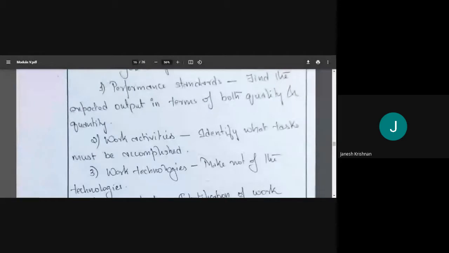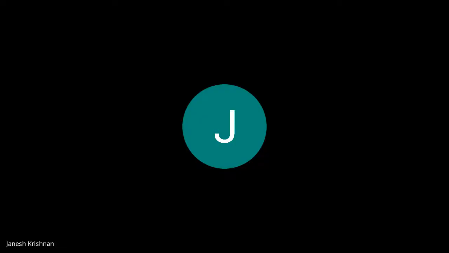Are we talking in terms of quantity or quality? Whether the job is to produce a good quality item or a satisfactory large number of items. An expert can do it, but if it is a mechanical process, even a novice can perform the job. That is performance standards.